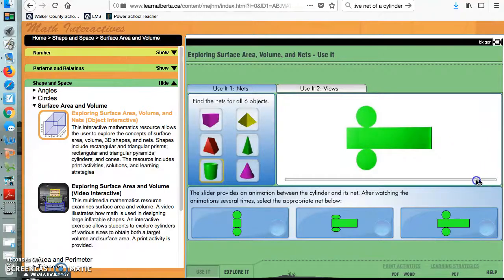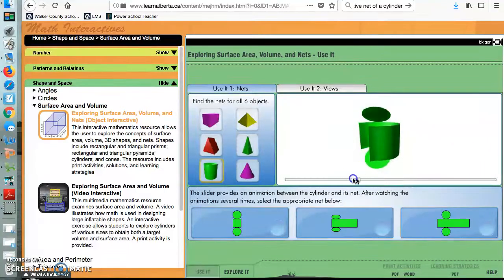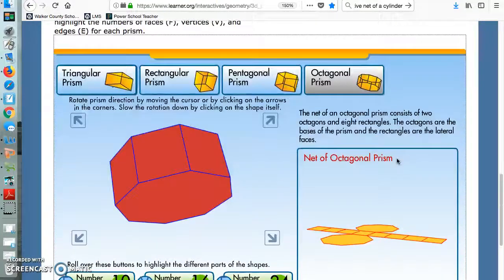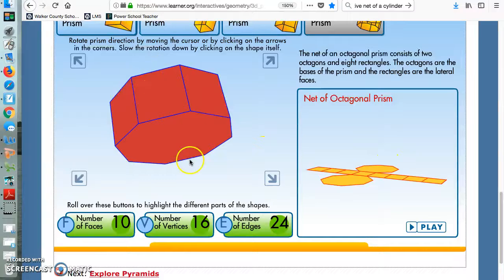But when you roll it up with a rectangle, you get a cylinder. So what we're going to be doing with these shapes is you need to know what 2D shapes make them, because we're going to be doing what's called a cross section where we actually cut the shapes. And when you cut the shapes, you see what kind of 2D shape is created from it.